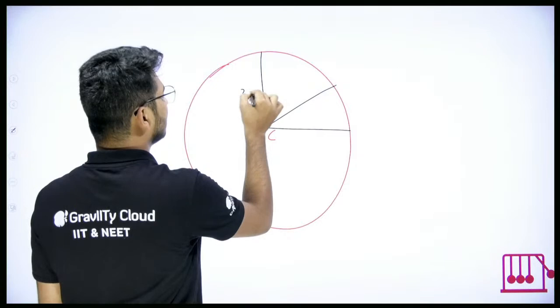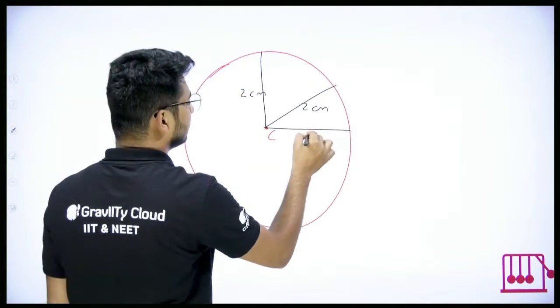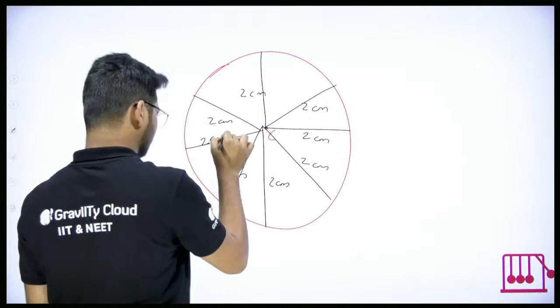If this is 2 centimeter, this will be 2 centimeter, and so on. The distance of any point on the circle to the center will be equal. That is the property of a circle.